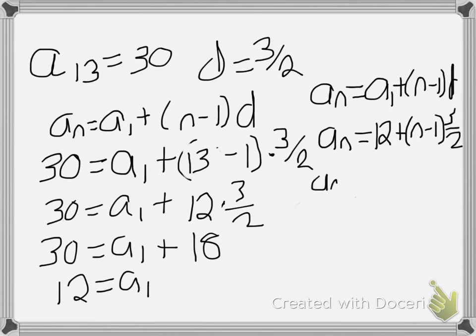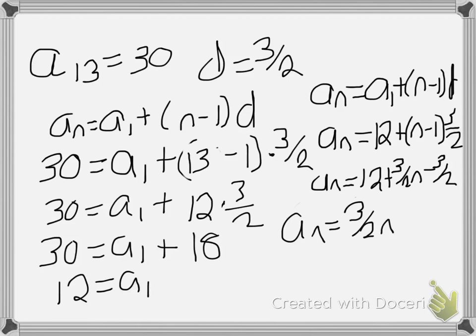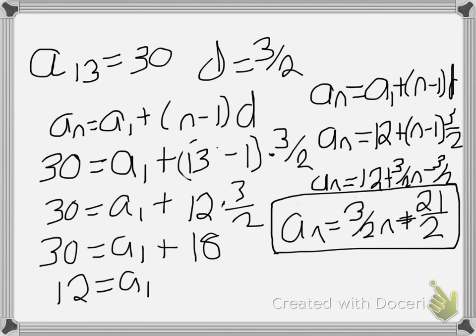So I now have a sub n equals 12 plus 3 over 2n minus 3 over 2. So a sub n is equal to 3 over 2n, and then you have 12 minus 3 over 2, which is plus 21 over 2. So there is your formula. And I'm going to try and slow myself down and stop making so many silly mistakes.